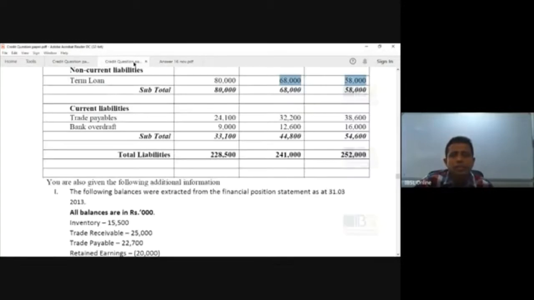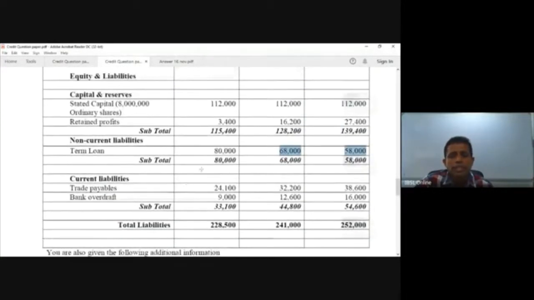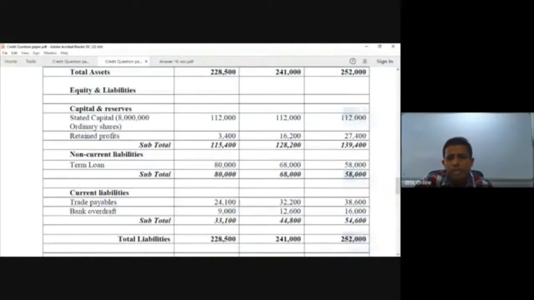Now I will go to the balance sheet. Here the share means the normal ordinary share. Now the equity is the shareholders' entitlement. You have 8 million shares outstanding. You have an equity of 139,400. Because non-current liabilities and current liabilities we have to repay, this 139,400 is the entitlement of the shareholders.